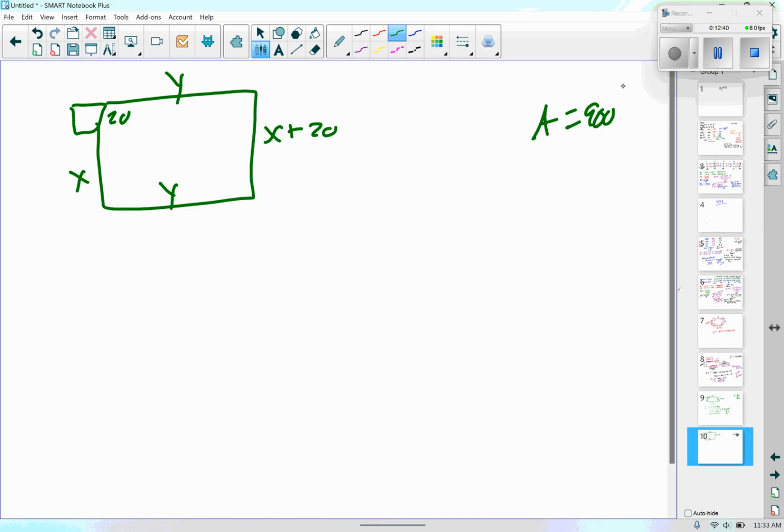Thoughts? Help me out. Things I know. Area is equal to length times width, which means right now all I know is I have this. What happened? Really? Yeah.